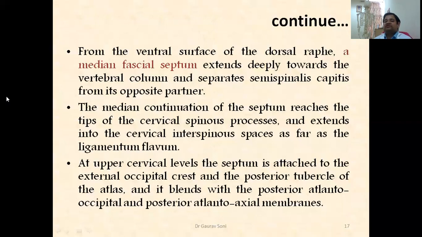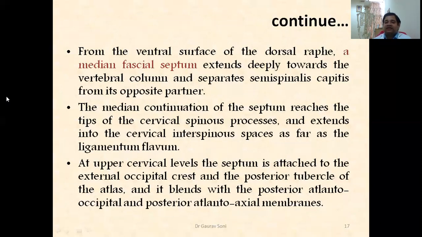From the ventral surface of the dorsal raphe, a median fascial septum extends deeply towards the vertebral column and separates semispinalis capitis from its opposite partner. The median continuation of the septum reaches the tip of the cervical spinous process and extends into the cervical interspinous space as far as the ligamentum flavum.